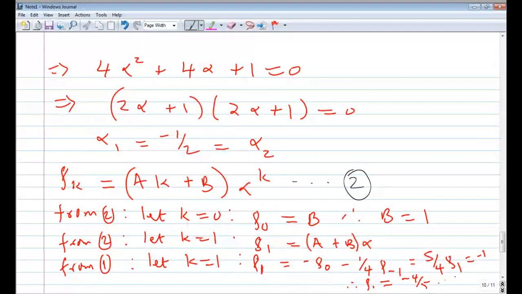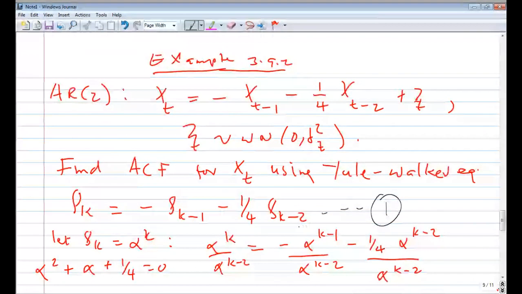Let me just say question number 3, this one. So you can substitute this one from where? From equation 1, let K equal to 1. Here, equation number 1 is here.